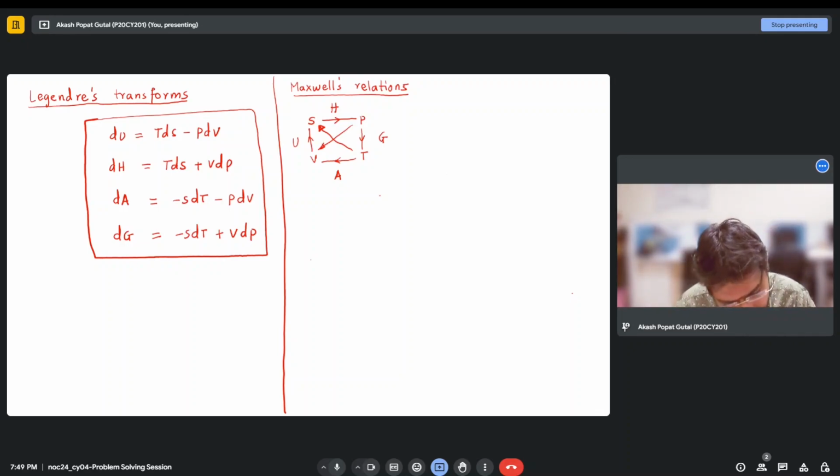So there is also one simpler method than the mnemonic, which I will tell you. First, we will write the left hand side using this mnemonic. Let's say we start with del T by del V at constant S and P, so this is our left hand side of the Maxwell's relation.